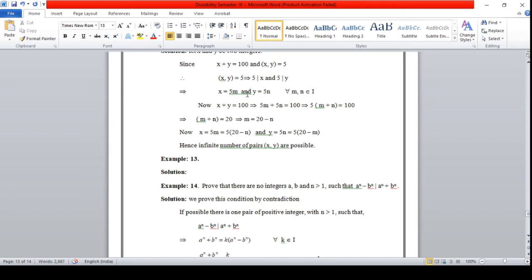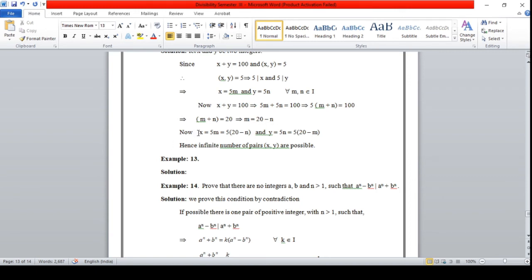So x is equal to 5m, y is equal to 5n, where m and n are integers. Substitute these values. 5 is common, so m plus n is equal to 100 divided by 5, which is 20. So we get m plus n is equal to 20. This implies m is equal to 20 minus n.